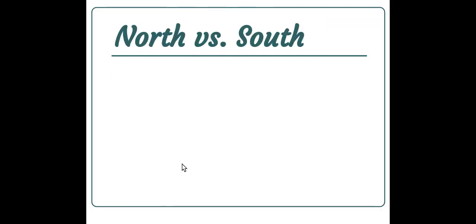Okay, so if we look at some North versus South as far as this war goes and what some of their differences are. Now, population in the North is going to be significantly larger. We are going to have over 20 million people living in the North, and the Southerners are going to have a little less than 10 million.